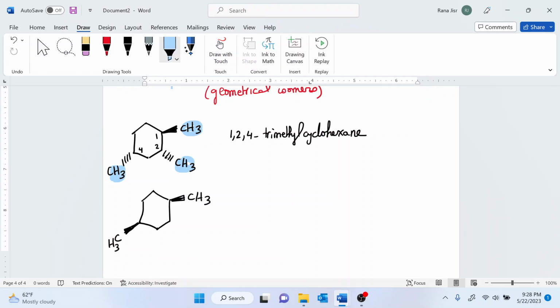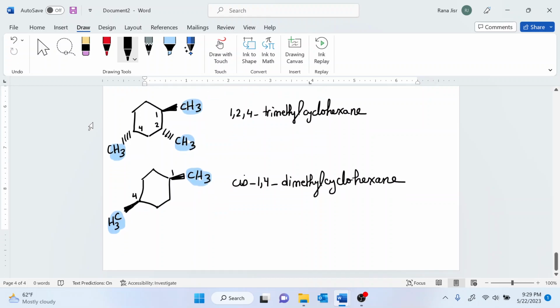And here my CH3s are on the same side. So the name is going to be cis. Now it's going to be 1, 4. So that's going to be a cis-1,4-dimethyl cyclohexane.